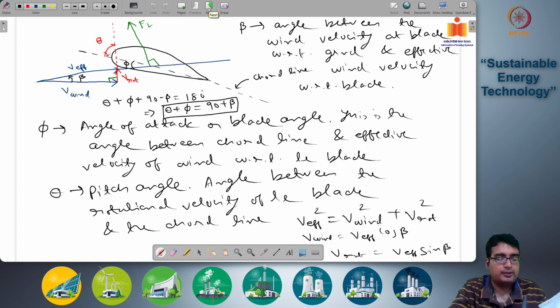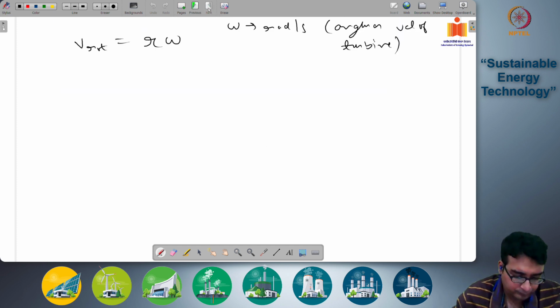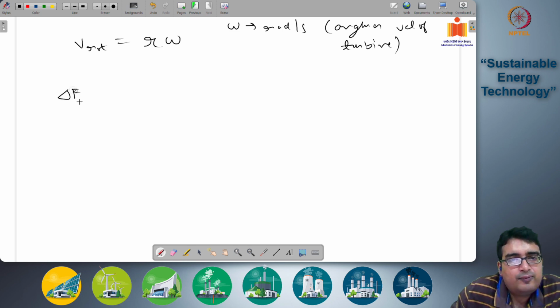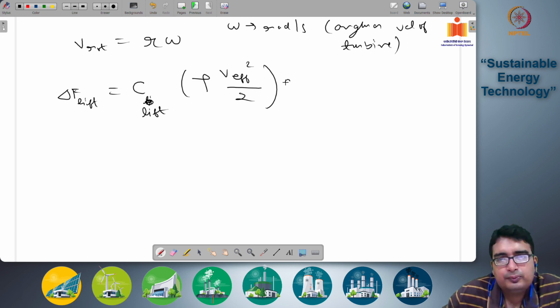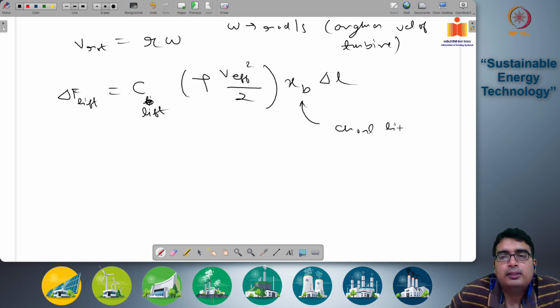So your lift force then becomes delta F_lift equals C_lift times rho V_effective squared over 2 times X_B times delta L, where X_B is the chord line length, and this is the differential chord thickness.